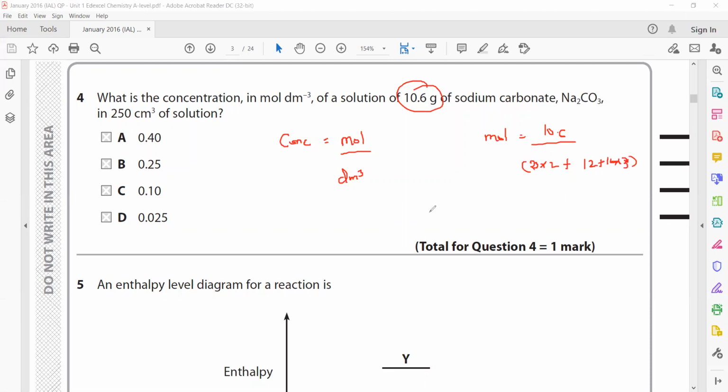This will give us the moles, and the volume should be in dm cube. So it's 250 cm cube, we'll divide by 1000, so 0.25 decimeter cube. Then the concentration is the moles divided by volume. So 10.6 divided by the molar mass, we'll get the moles, and divided by the volume, it will come out as 0.4.